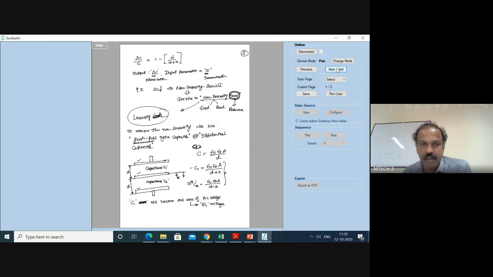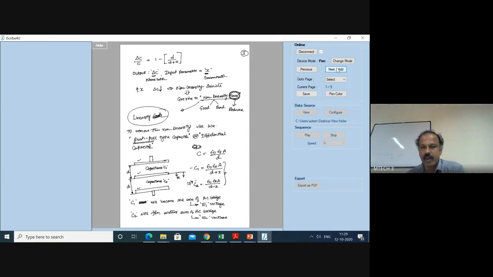I want to measure the difference in the voltage. C1 will become one arm of the AC bridge, which will give E1 voltage. C2 will form another arm of the AC bridge. The voltage which it gives is E2.